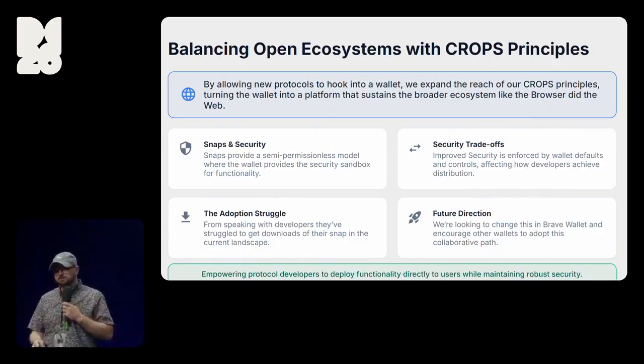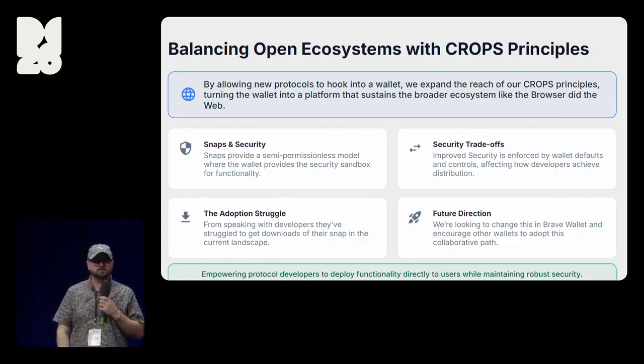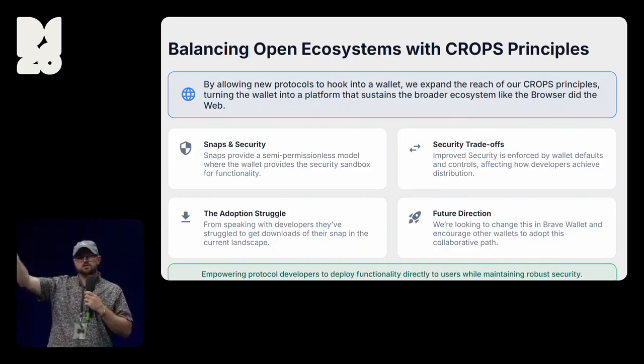But what we're doing is solving an adoption struggle for the protocol developers. No longer are they having to come to wallets and do a BD sale where they're doing a rev share split each time in order to get their protocol adoption and grow the liquidity. Instead, we're just saying, hey, go and build it, show it works, and if it works, we'll continue to market it to our users and continue to grow it on your behalf.